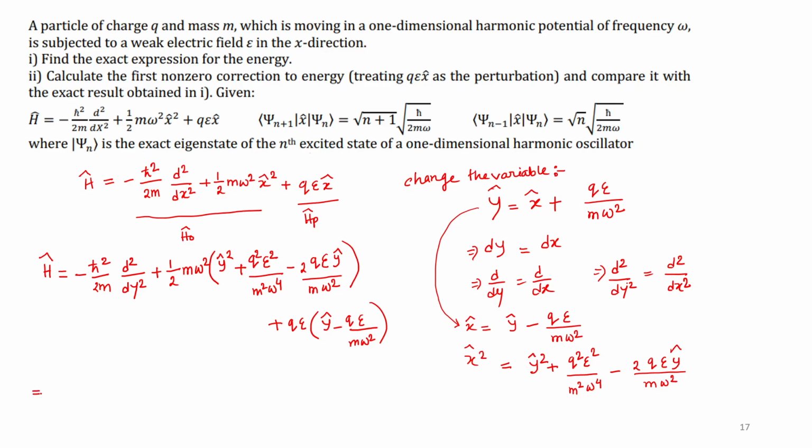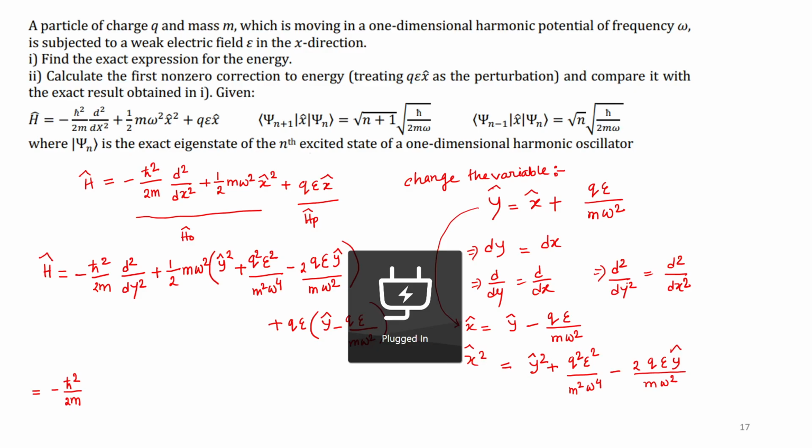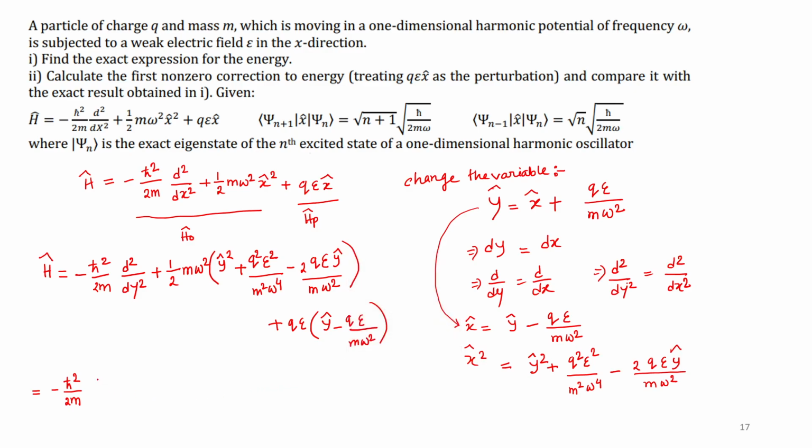So ultimately, you are going to get minus h cut square by 2m d2 by dy square plus half m omega square y square plus half.